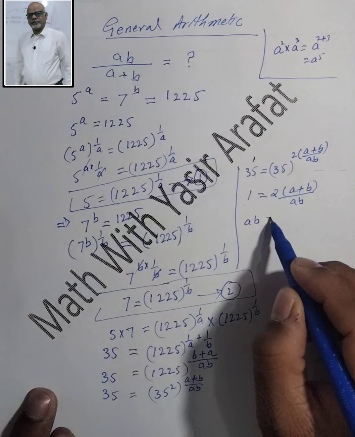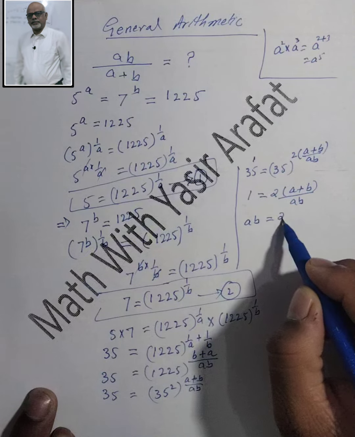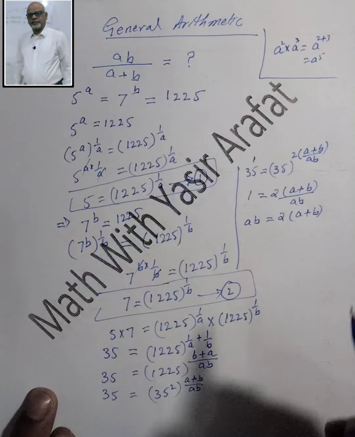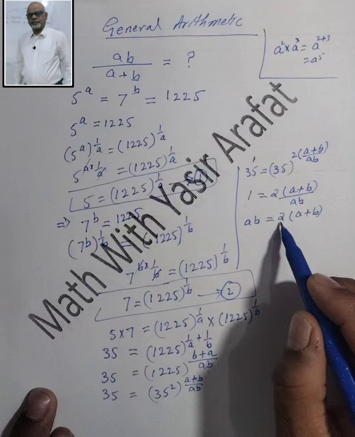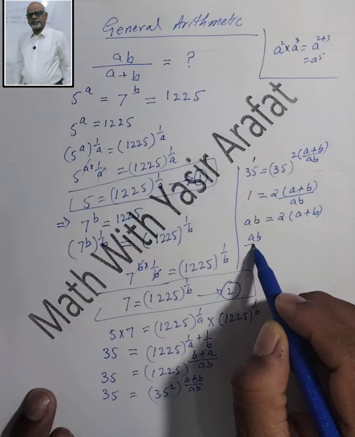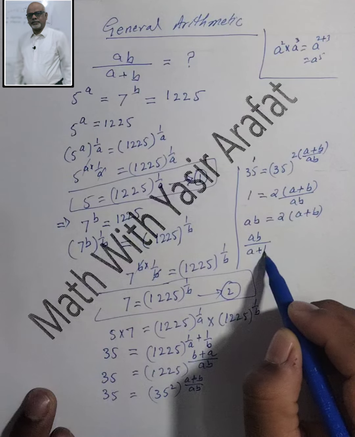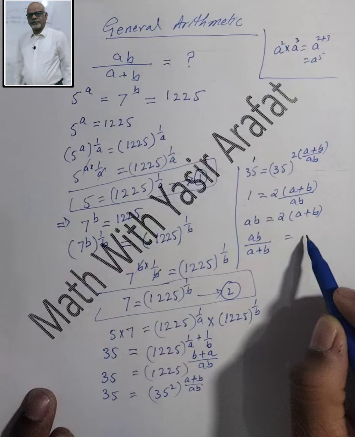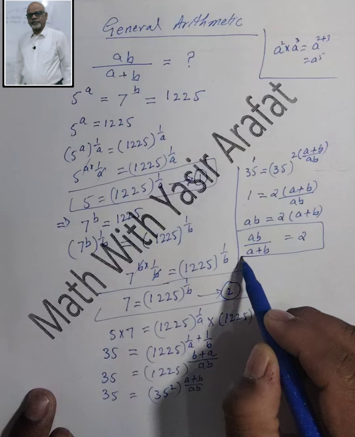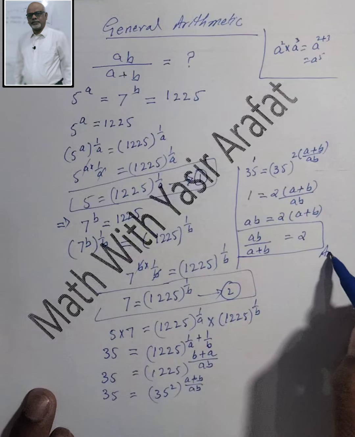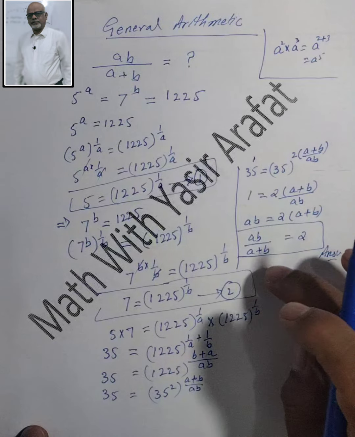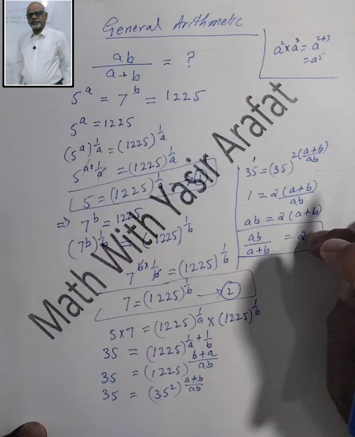So ab multiplied by 1 remains the same, and this is a plus b times 2. Now this a plus b is multiplied with 2, and when we shift to that side it will be in division form. So ab over a plus b equals 2. This is the answer in this situation. ab over a plus b equals 2.